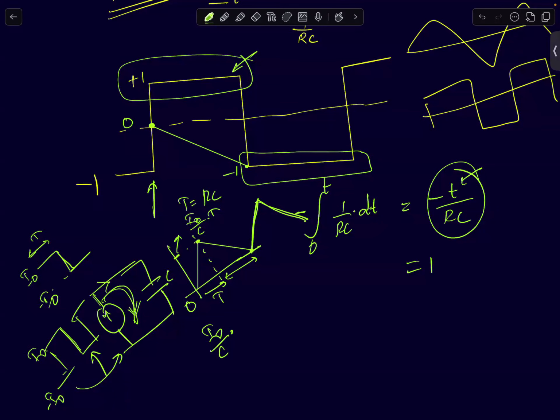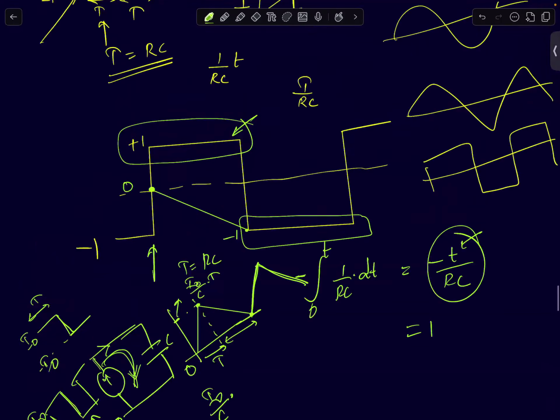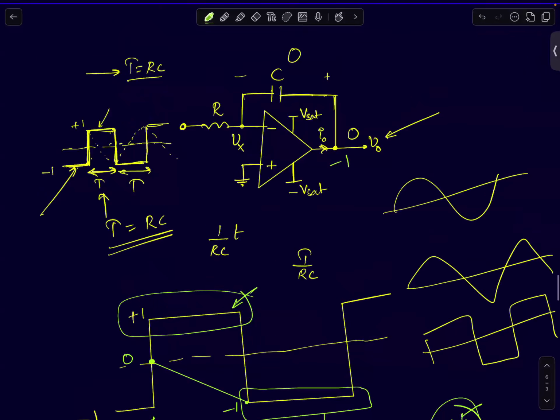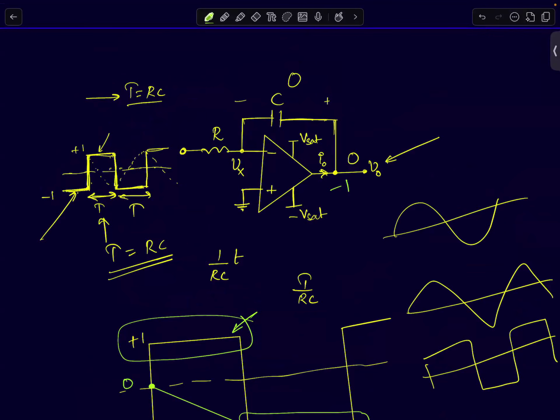The same thing will happen here as well. See, the voltage across this resistor is simply given by Vs itself, the input voltage. Whatever the input voltage is here, that's the voltage across the resistor, as long as your op-amp output is between plus minus Vsat, which I'm going to assume is true in this case.